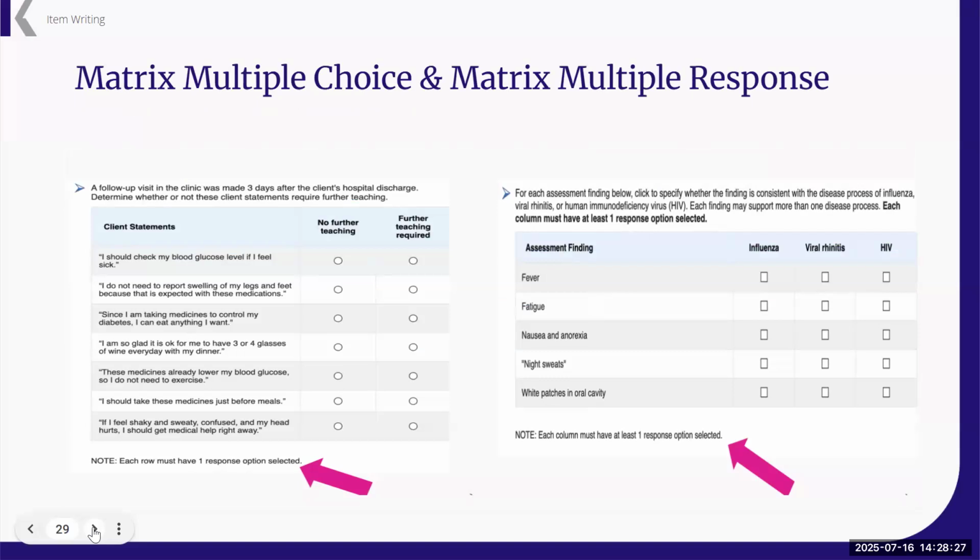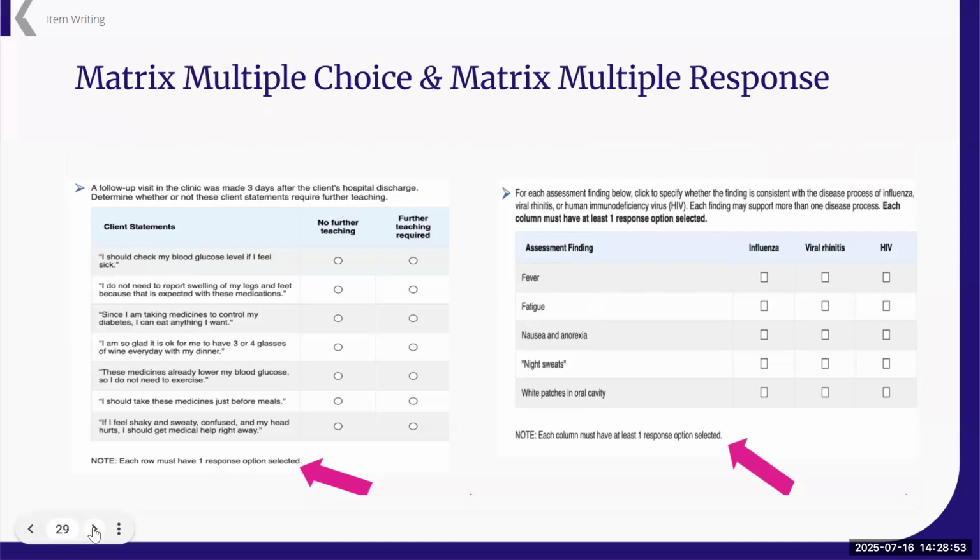Next, we have a matrix example, and I'm giving 2 different examples. It's a matrix multiple choice to the left, and to the right is a matrix multiple response. With the matrix multiple choice, each row must have 1 response option selected, and it gives those details with the arrow. You'll see that there are some instructions that the student must follow below where the arrow is pointing.